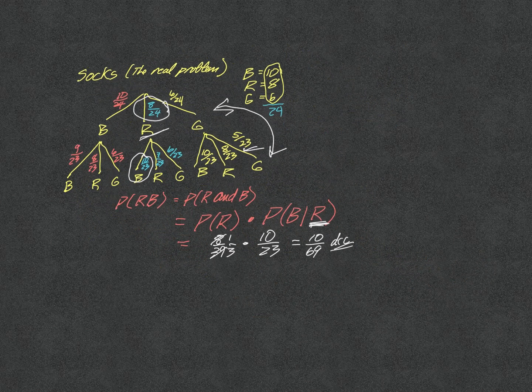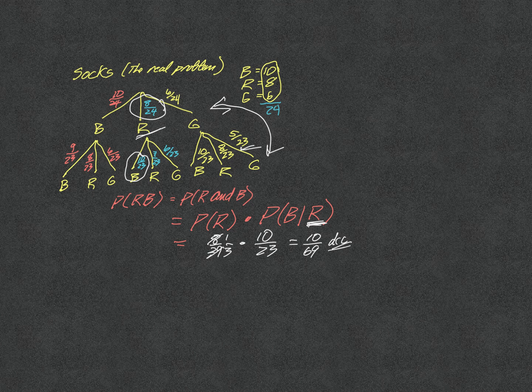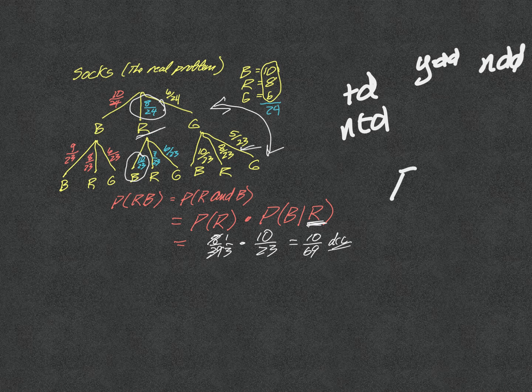Now, I want to go back and mention the problem where we had yes for drunk driving and no for drunk driving, and then we had text drivers and no text drivers, right? When you have a table like this, if they ask you the question, what's the probability that you are a text driver and you have no drinking and driving?